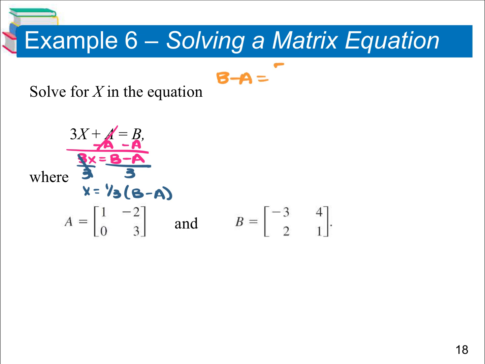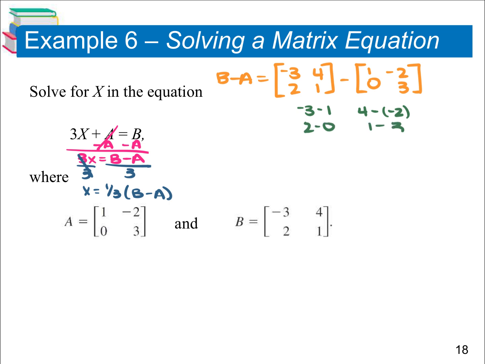You're going to do the negative 3, 4, 2, 1, minus the 1, negative 2, 0, 3. So this tells us we're doing negative 3 minus 1, 4 minus negative 2, 2 minus 0, and 1 minus 3.